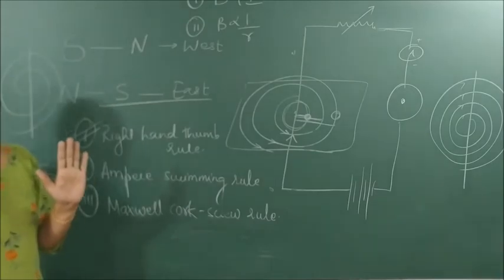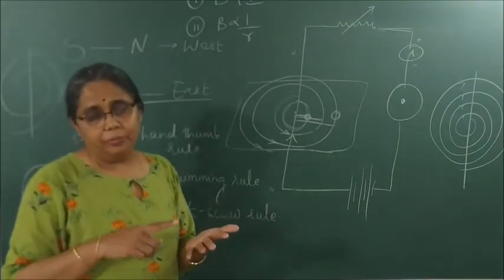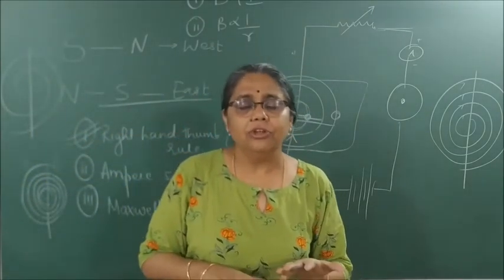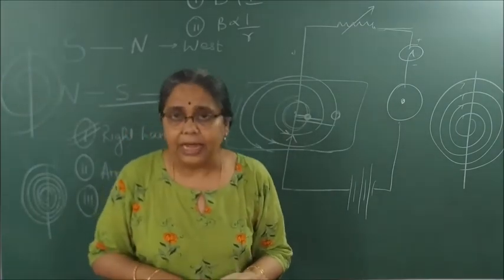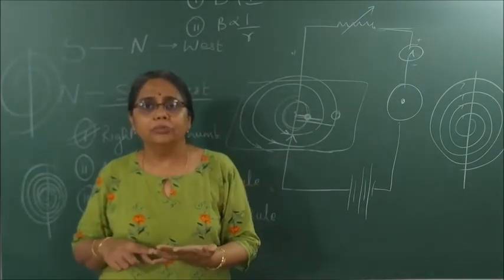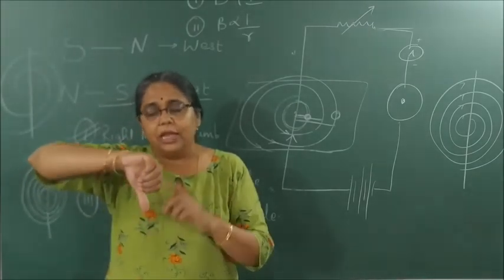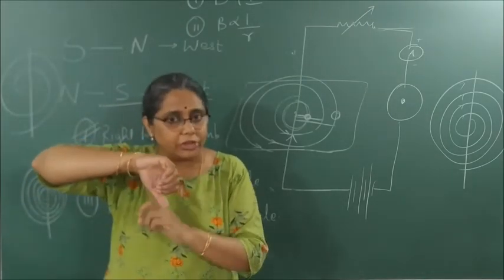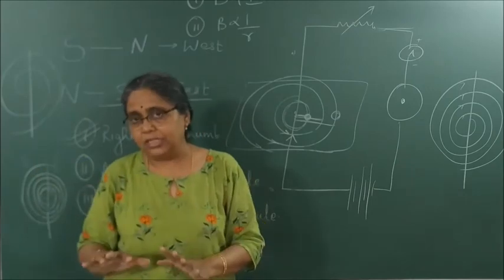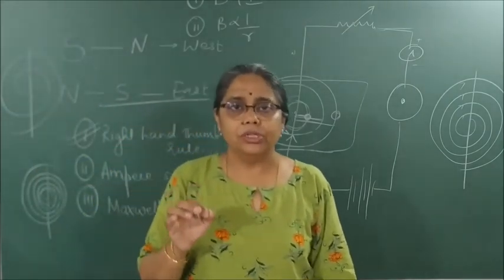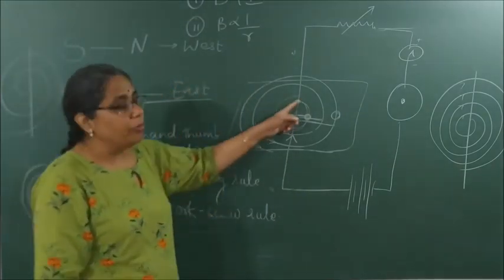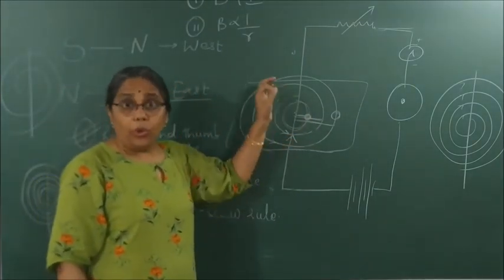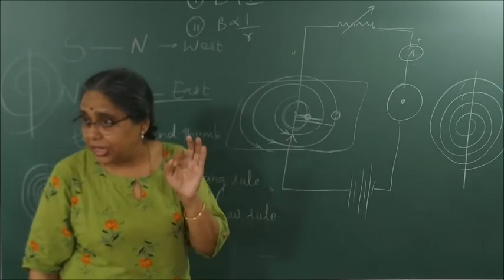So what did we study today? Right hand thumb rule, which states that imagine you are holding a straight conductor carrying current in your right hand in such a way that the thumb shows the direction of current and the wrapped up fingers show the direction of magnetic field lines. When you pass current through a straight conductor, magnetic field lines arrange themselves in the form of concentric circles with the wire at its center.